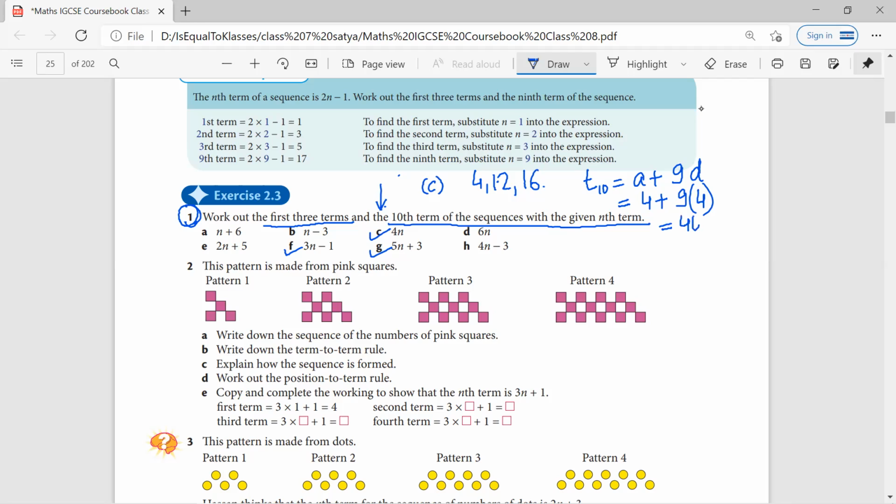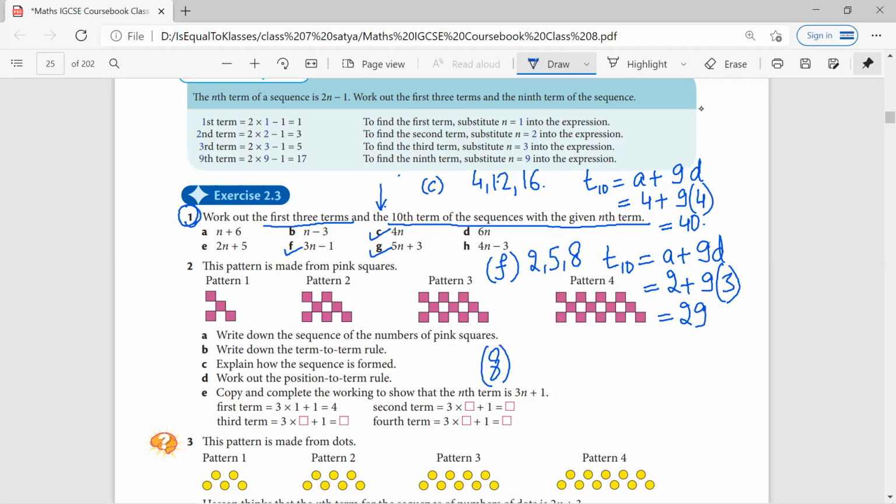Shabash. Very nice. How do I do F part? In the F part, first I found the 3 terms. Then it was 2, 5, and 8. Then I did T10 is equal to 2 plus bracket 9 into 3. So my answer was 29. Shabash. Very nice.